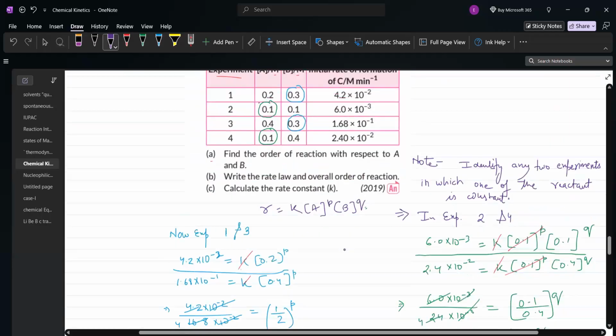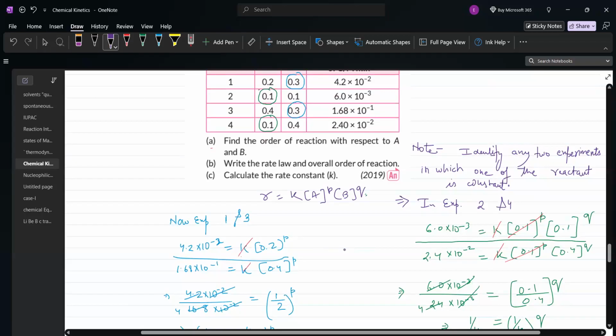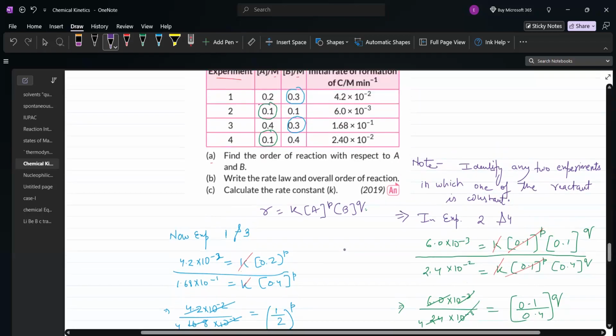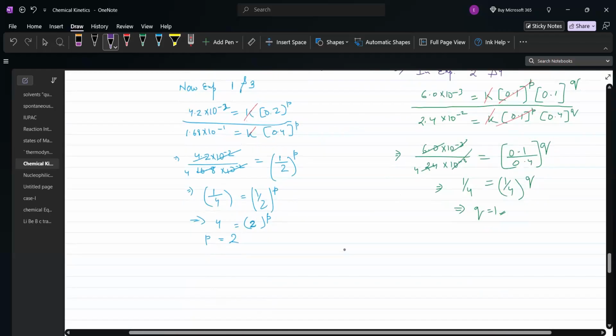And what is the total order of the reaction? It will be 3. And we can say that the rate of reaction R will be K times [A] to the power 2 [B] to the power 1, right?